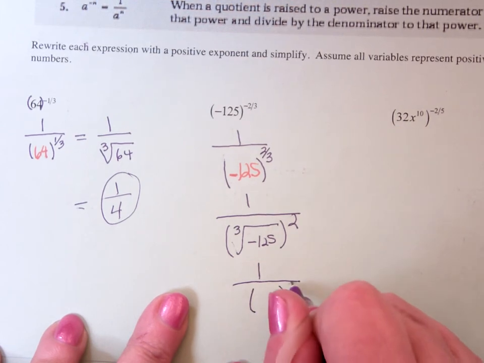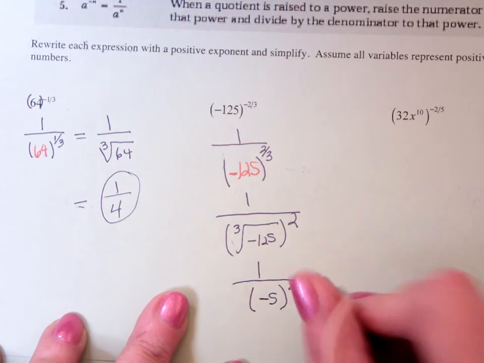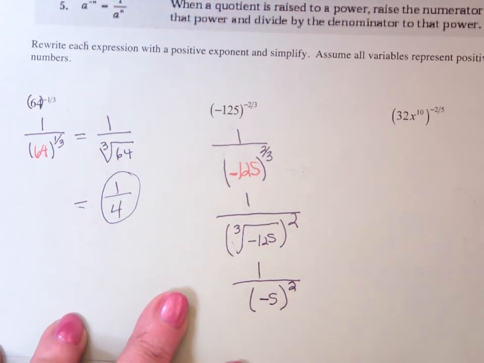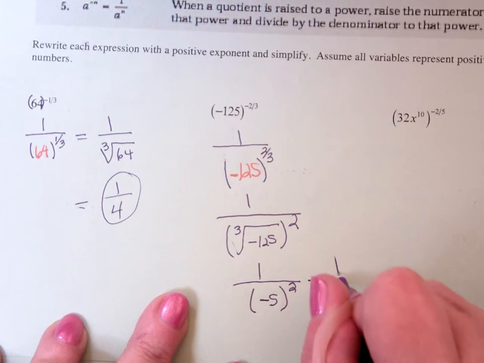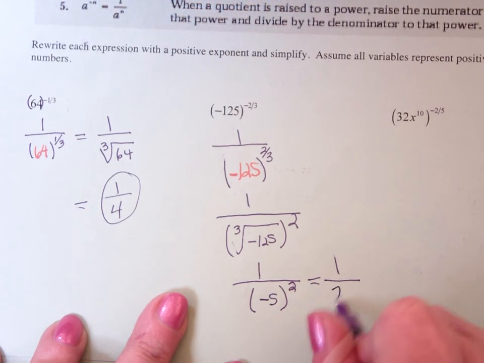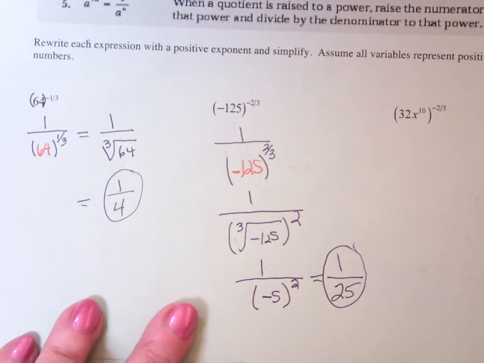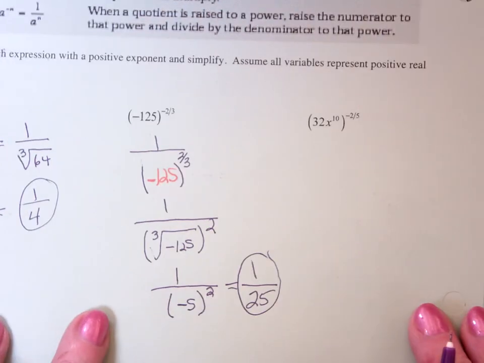Now that's squared, so it's negative 5 squared. What is negative 5, the quantity squared? Positive 25. There it is in all its detail, in all its glory.